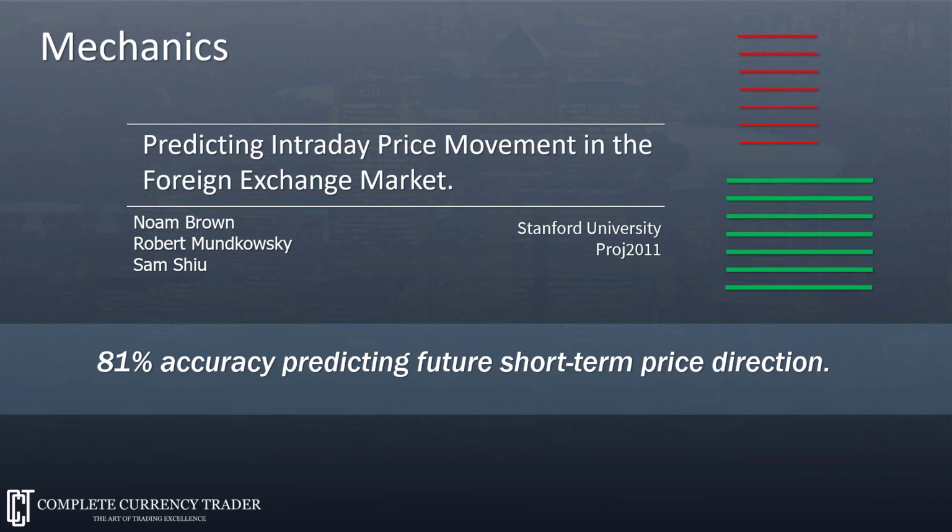If there was an imbalance, 81% of the time, the price moved in the direction of least liquidity. Now that's quite incredible when you consider they weren't able to factor in the customer side activity. They effectively only used half of the price equation by only studying market makers, not the dealing desks, and yet they were still able to correctly predict future short-term price direction 81% of the time.